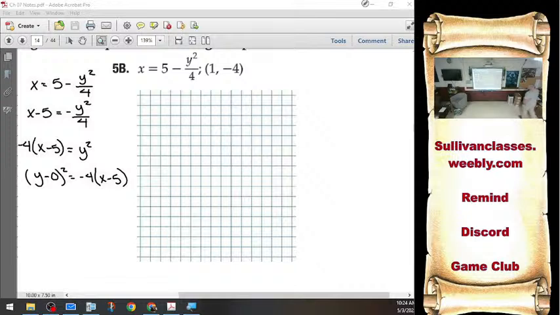Now, where's your vertex? Which way does it open? What is P? Where's the focus? Oh, also 5. So then that means the distance back here is 5. The distance is equal to 5, which is 0, 5.